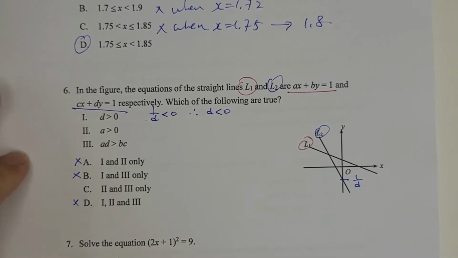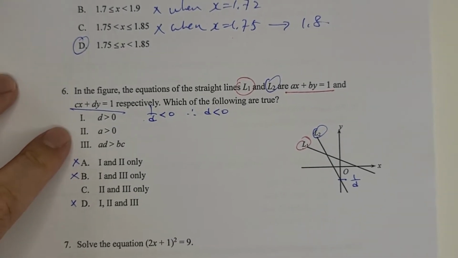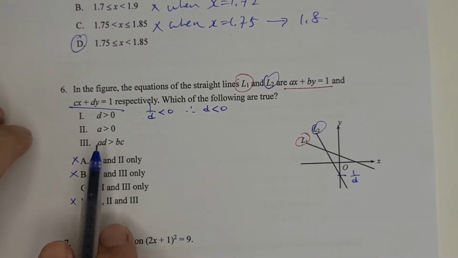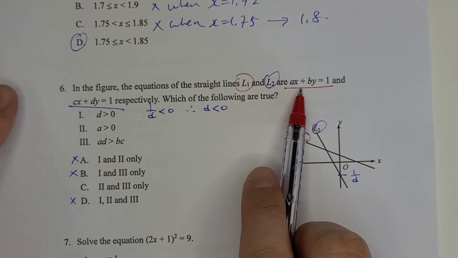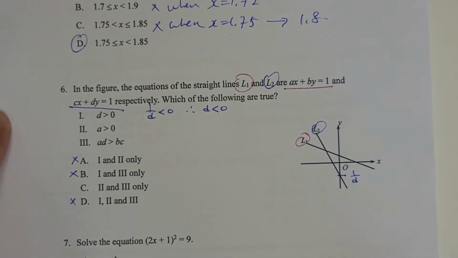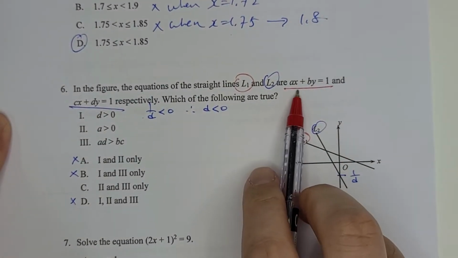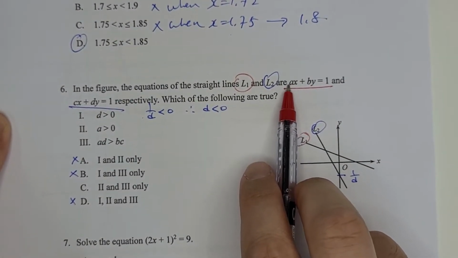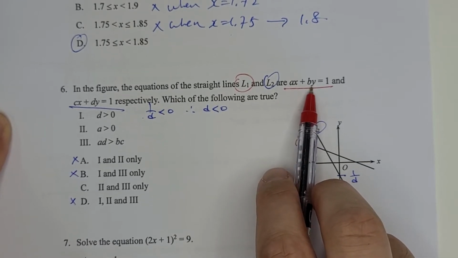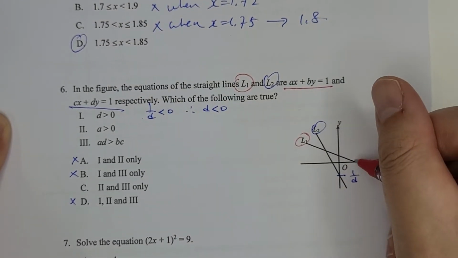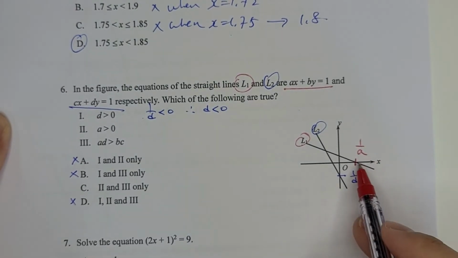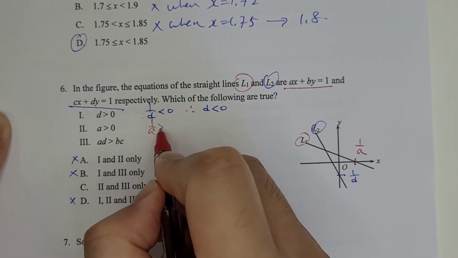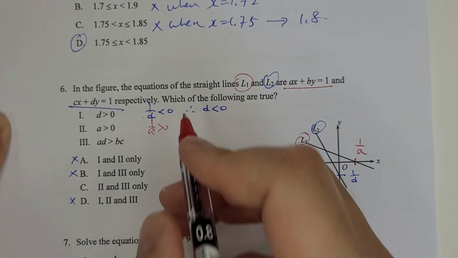But of course, we can also check the other statements as a revision. So statement 2, A is positive. That means we need to check something for the first line. When we want to find A, we substitute y equal to 0 to find the x-intercept, so that is 1 over A. And you will see that 1 over A is positive because this is on the right hand side of the y-axis.